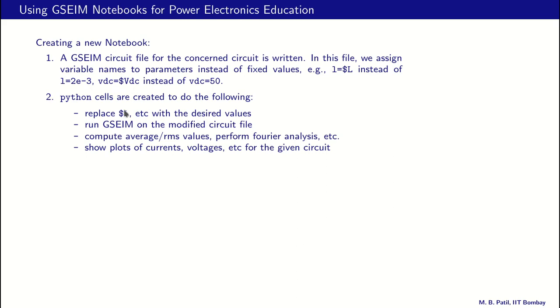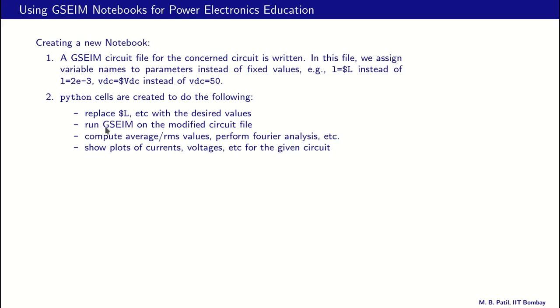Next, we create Python cells for the following. First thing we want to do is to replace $L etc. with their desired values, typically the values that the user would enter. This we have already seen in the last slide.